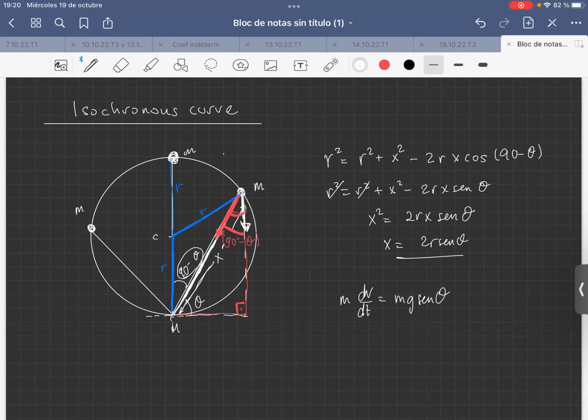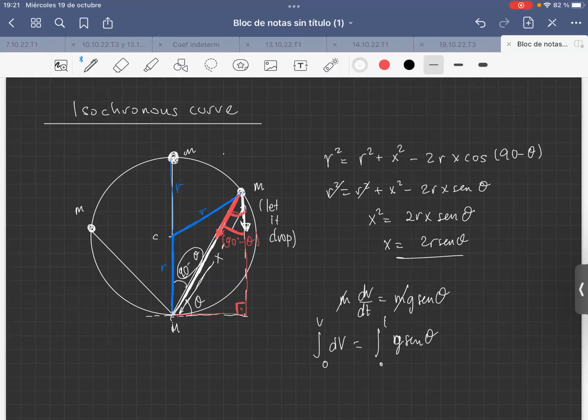Now, if we want to integrate it, the mass is going to disappear, and we're going to integrate the velocity from velocity 0, since we let it drop. So basically, it has no initial velocity, and we will integrate over the time that it is descending.